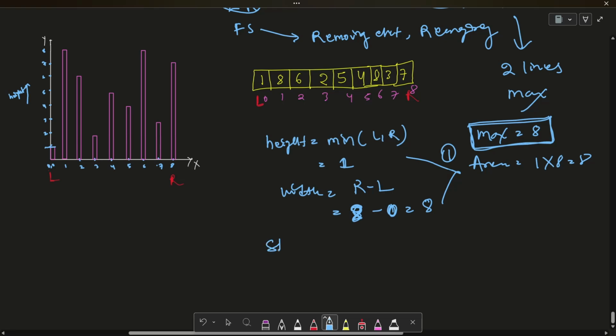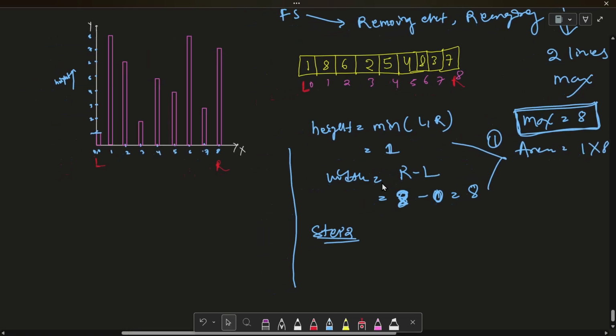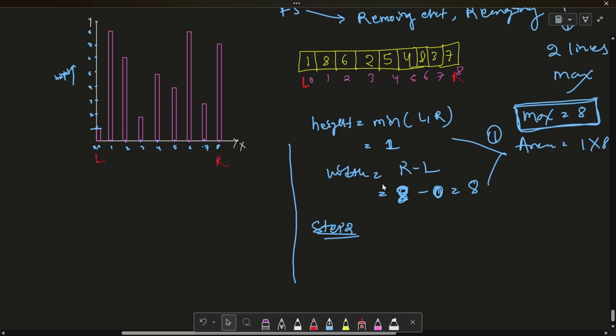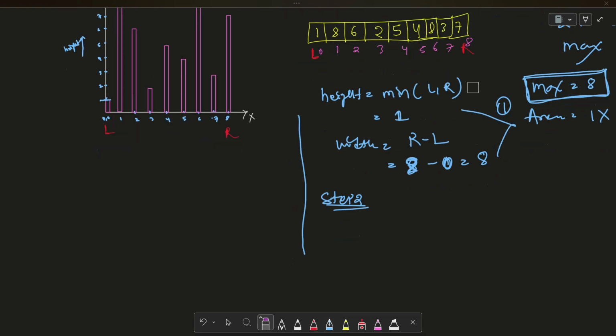For step number 2, we have to move a pointer, right? Either the left or the right. So how do we get to know which pointer we have to move? This is not a sorted array, so that we can move the left one to find a bigger value, right? Let's try moving both the pointers one by one and we'll see the results. Suppose we have moved the right pointer to here.